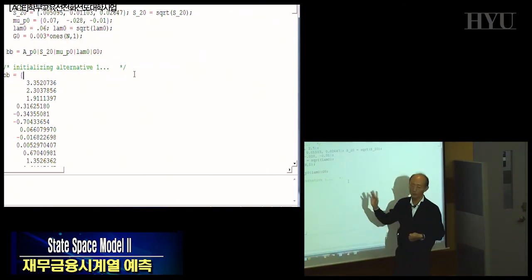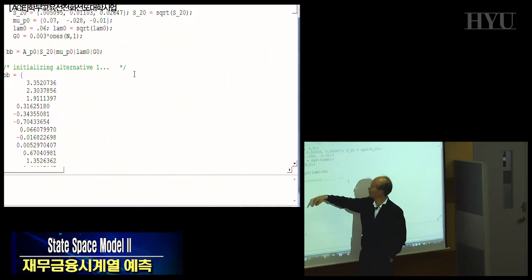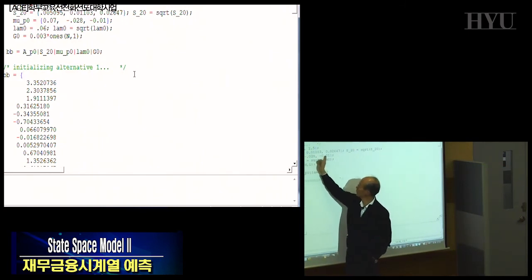But even if you do that, this particular problem was very difficult to make converge because of the initial guess, particularly this way.